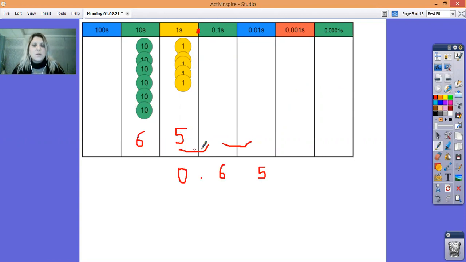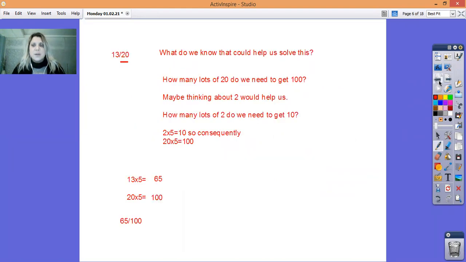So our 5 is going to make 1 jump here, and then 1 jump there. It's going to go in the hundredths, and our 6 tens are going to make 1 jump here and 1 jump there. So it's going to land in the tenths. So we have 0.65. So I've been careful there not to say sixty-five. So 0.65. So that will be our answer here.